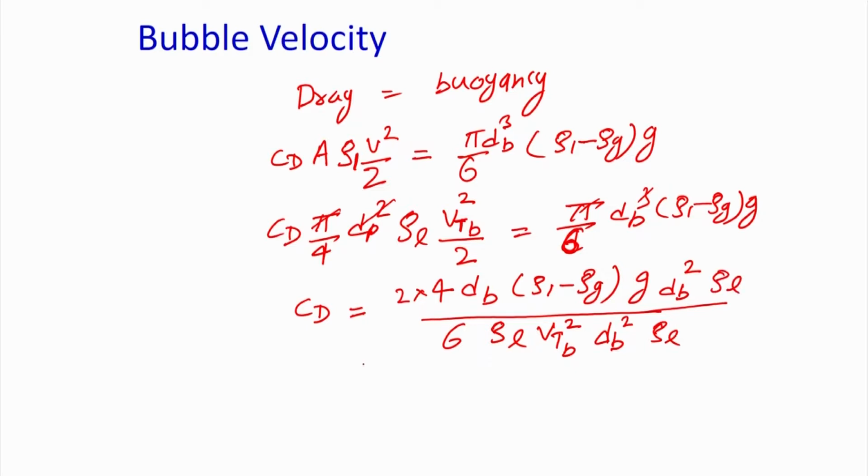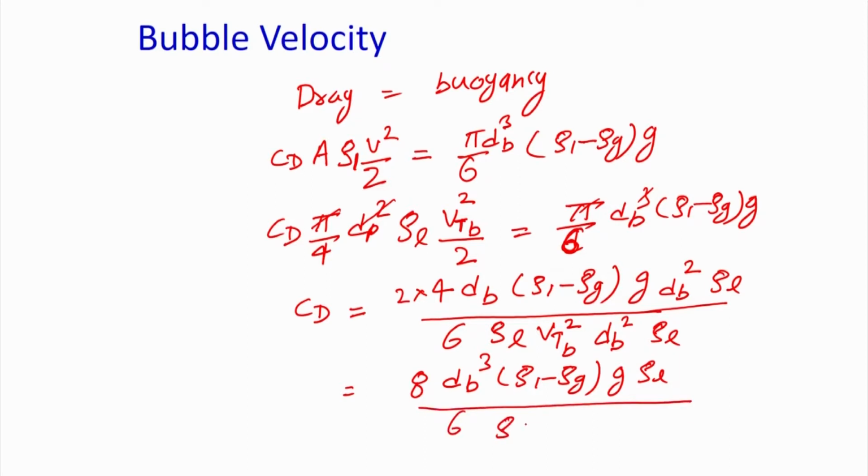So, this equation will be 8 into dB cube rho L minus rho G into rho L upon 6 rho L square into VTB square into dB square.